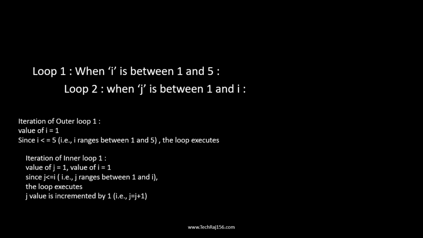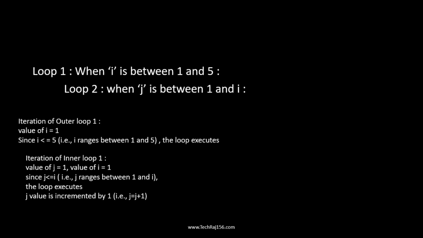Now since j less than or equal to I, which means 1 less than or equal to 1, is true, the loop executes. When the loop executes, the control comes inside the inner loop, and after it executes all the statements inside the inner loop, the j value is going to be incremented by 1.